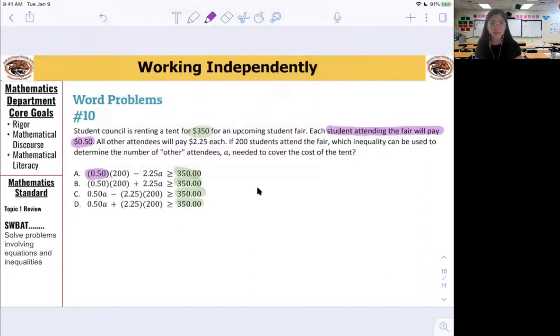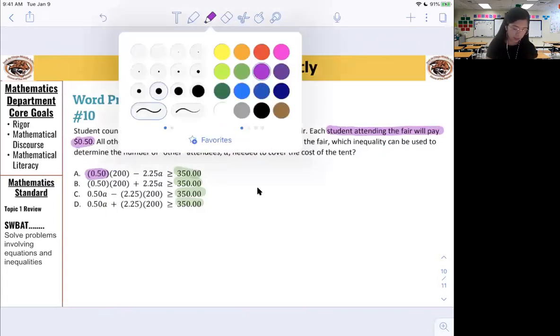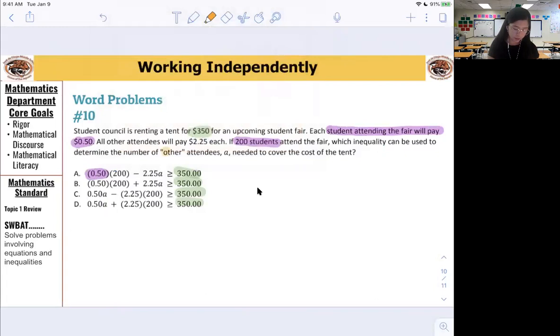Student tickets cost 50 cents. And then you keep reading, you notice that how many students are going? 200 students are going. So we know how many students are going. What we don't know is how many other attendees will be attending. That's why we have a variable. Those other guys pay $2.25.